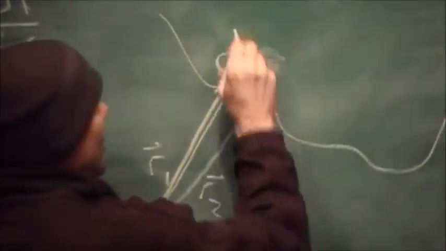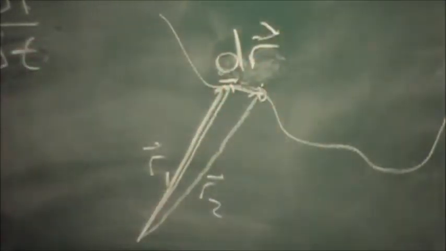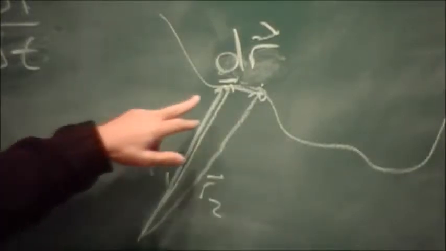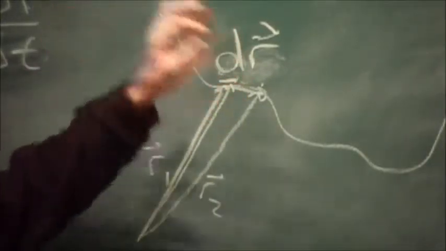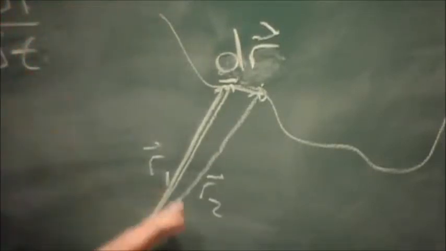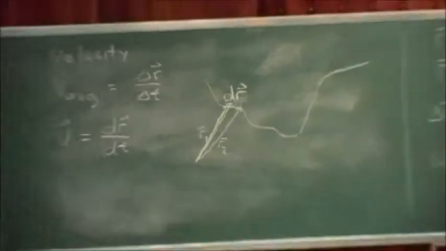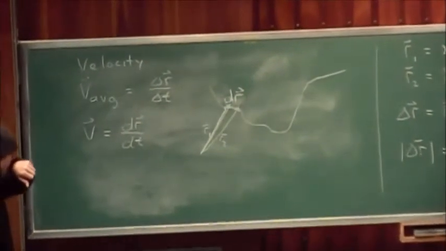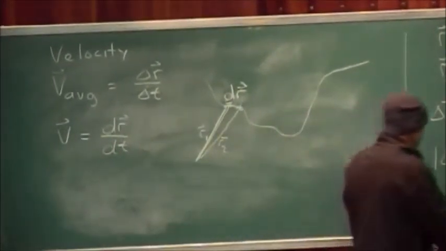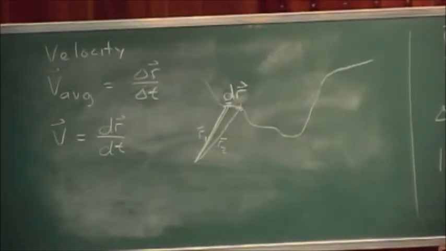I'm sorry, this is so small. I'm trying to point out that when you draw infinitesimals, it's really hard to envision what an infinitesimal is when you're very far away from the blackboard. Anyway, the point is that this is for some extremely close displacement between R2 and R1. And this is the instantaneous velocity. All right.